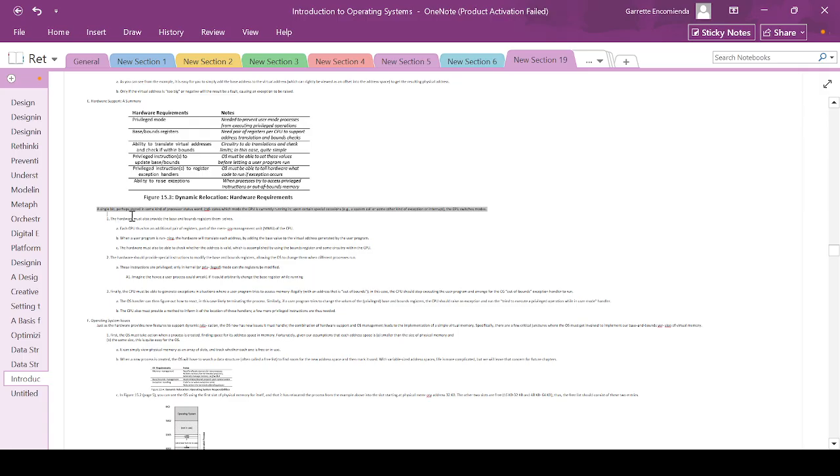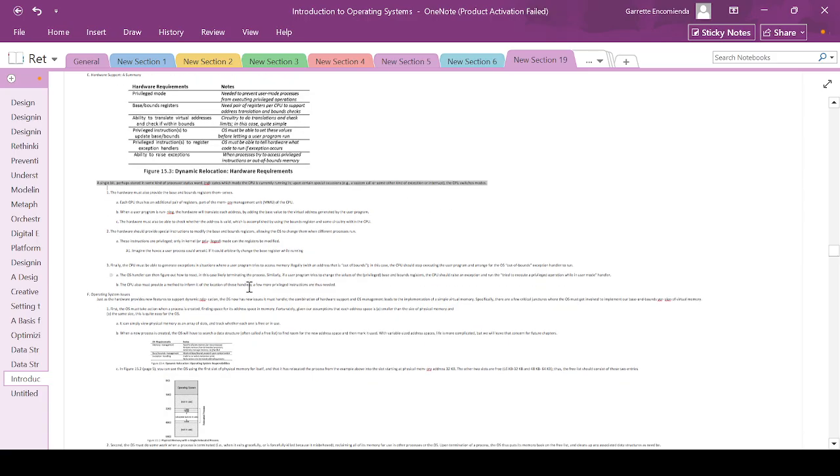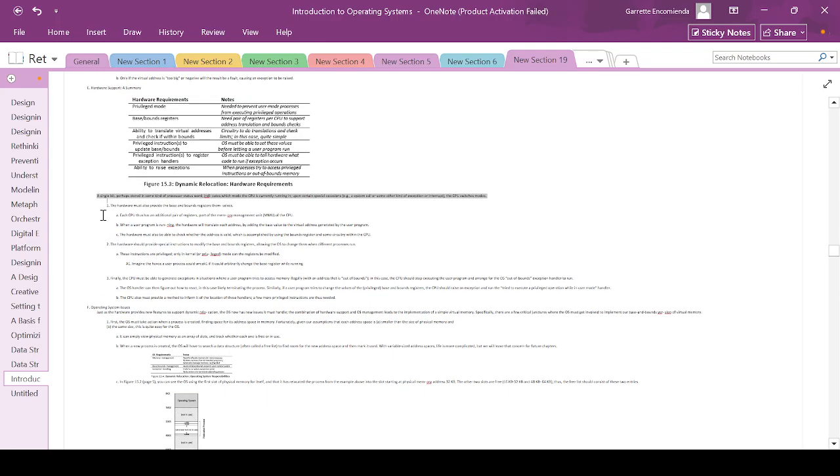Upon certain special occasions, like a system call or some other kind of exception or interrupt, the CPU switches mode. The hardware must also provide the base and bounds registers themselves.